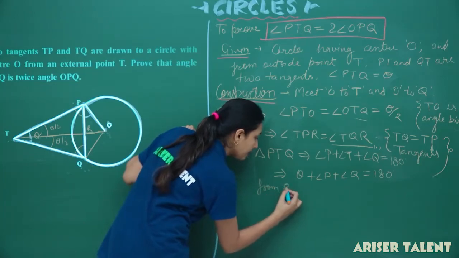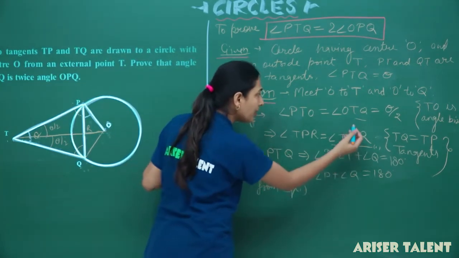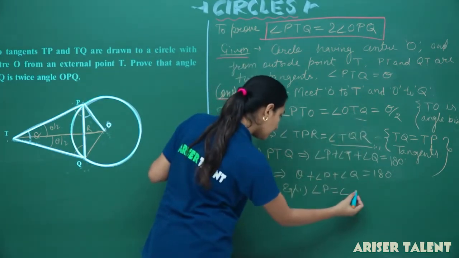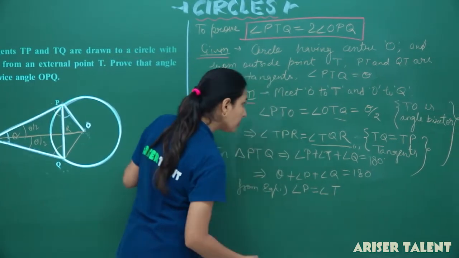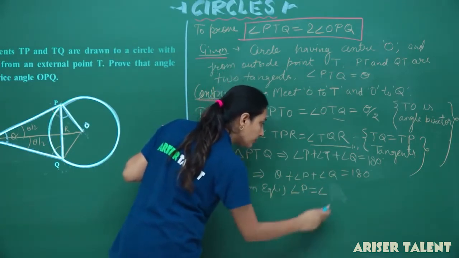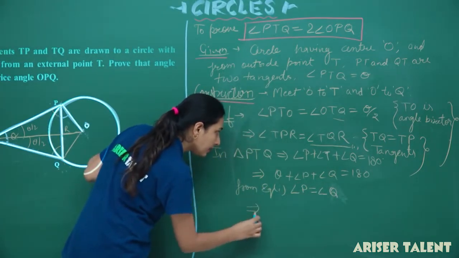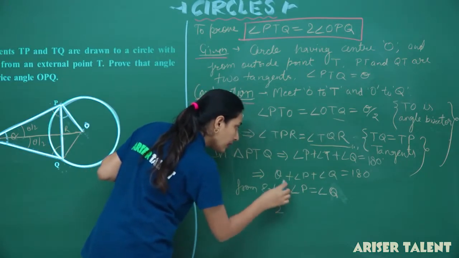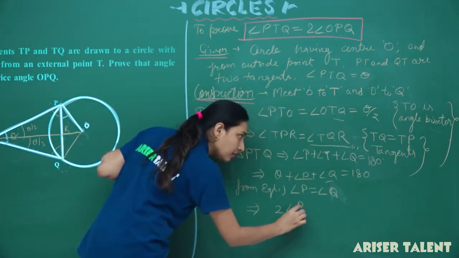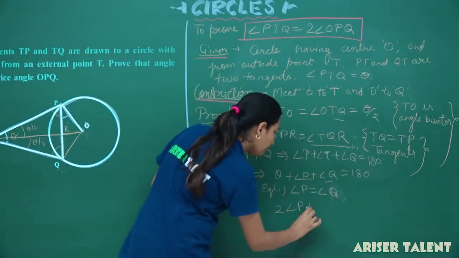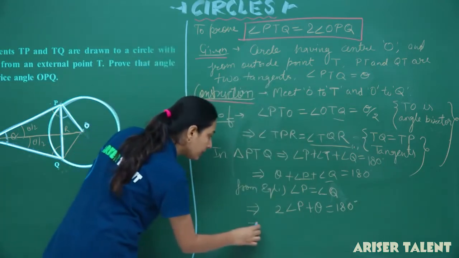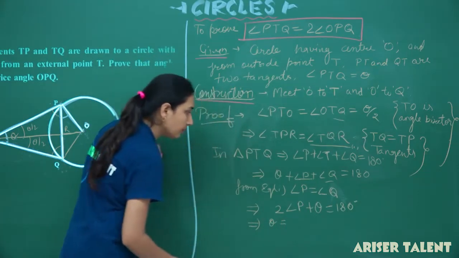From equation 1, what are we having? Angle P equals angle Q. So this implies that 2 angle P plus theta equals 180 degrees. What does it give you?